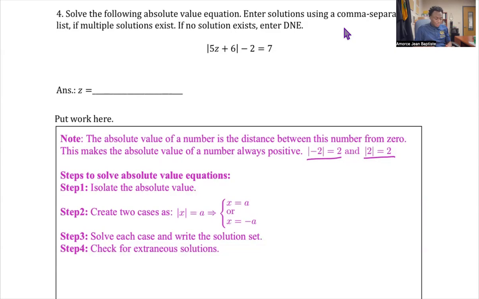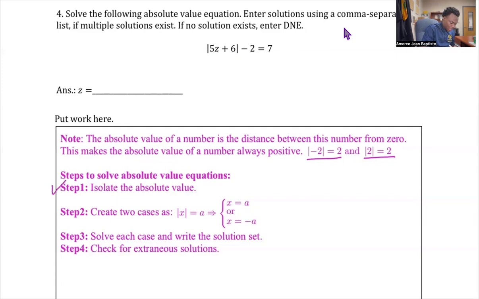So here are the steps. Step 1, you have to make sure that you isolate the absolute value. So in an equation like this, I want to make sure that this portion of the problem is isolated, which means that I'm going to move this over by adding the 2. So when solving an absolute value equation, we need to isolate the absolute value.